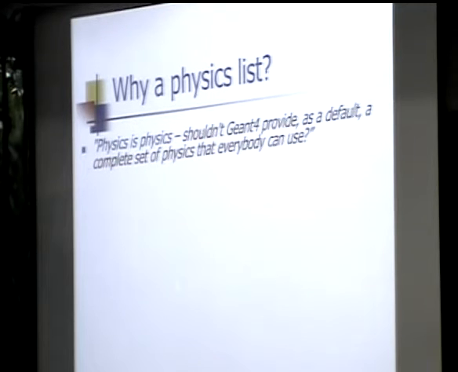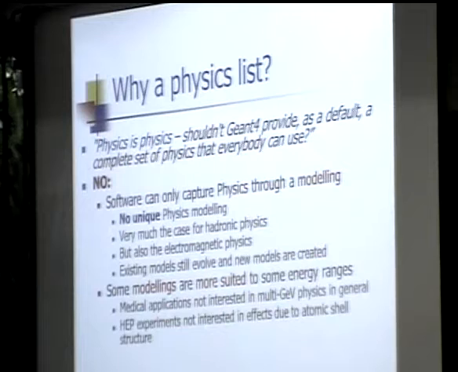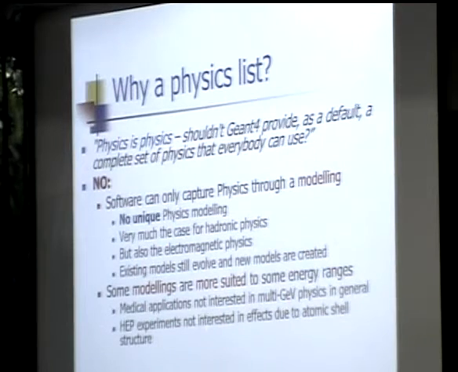First question, why do we need a physics list? In principle, the physics is the physics. You shouldn't be able to select a physics, because physics is one and it's what nature chose. But things are a bit more complicated, because we are not able to catch the entire physics. We do it through modeling, and some models are good in some cases, some other models are good in other cases.